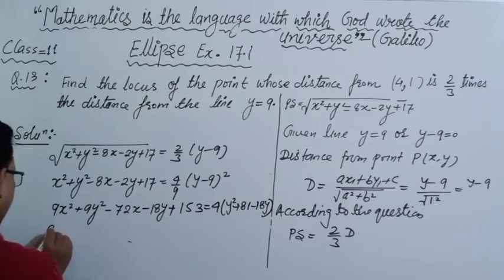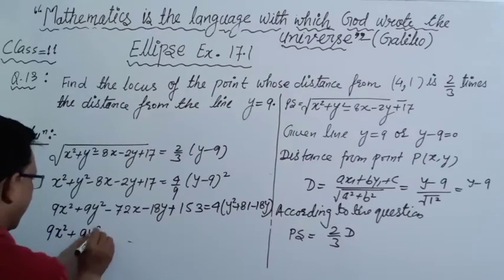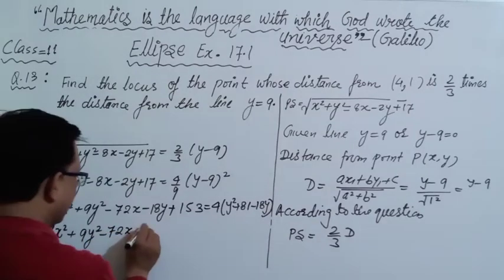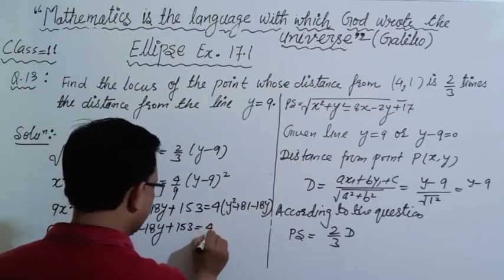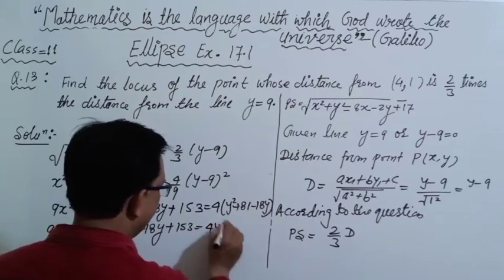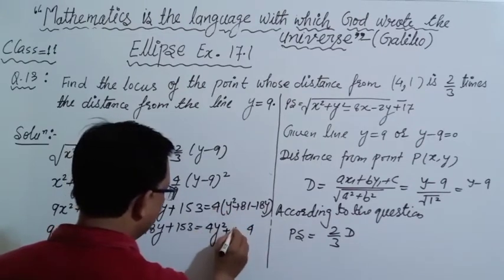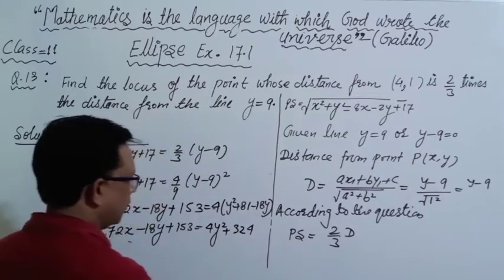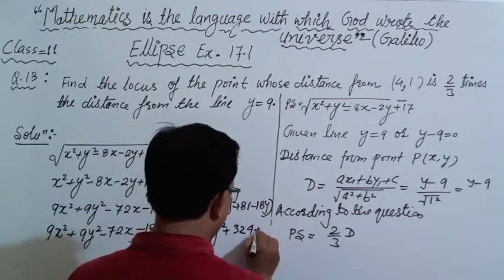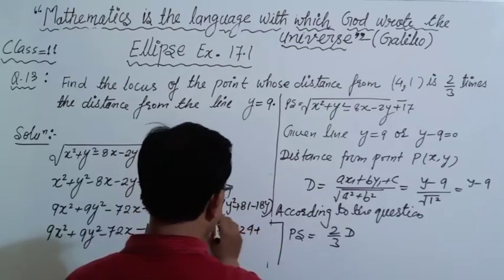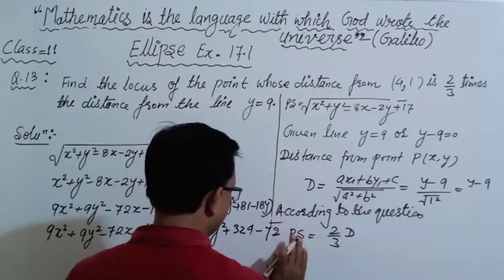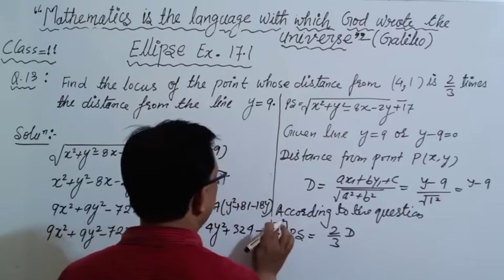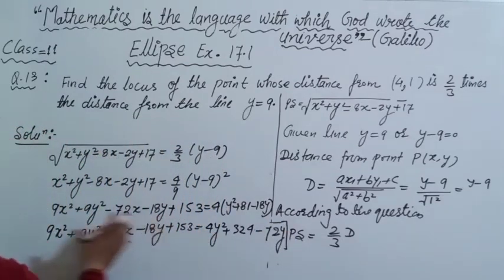So this is 9x square plus 9y square minus 72x minus 18y plus 153 equal to 4y square plus 324 minus 72y. This is minus 72y.